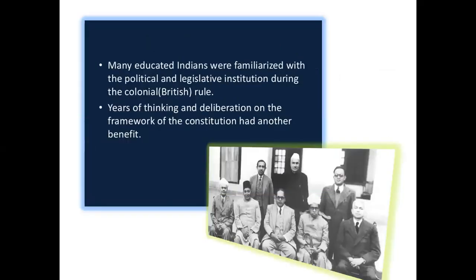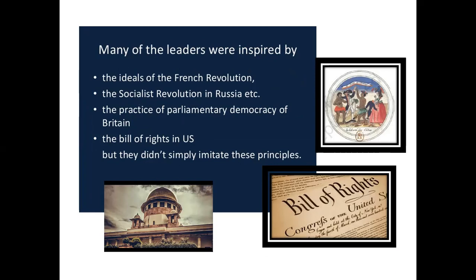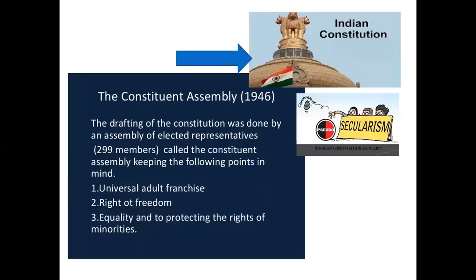Some educated people who had experience of constitutions also contributed. And the leaders who were inspired by the French Revolution, these ideas were also added. In this way, we got our constitution after this long discussion.